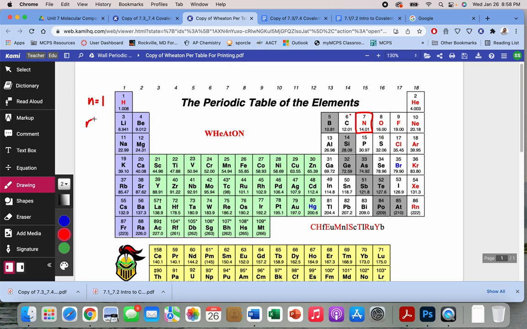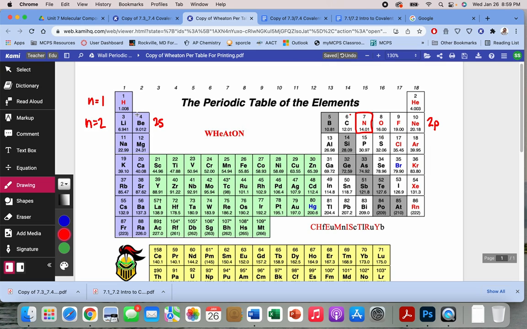And then this represents the n equals 2. And so this is the 2s sublevel. I should actually listen to myself instead of just talking. And this is the 2p sublevel.